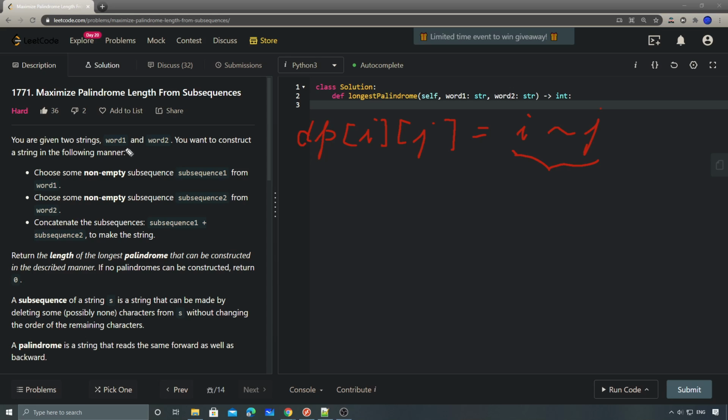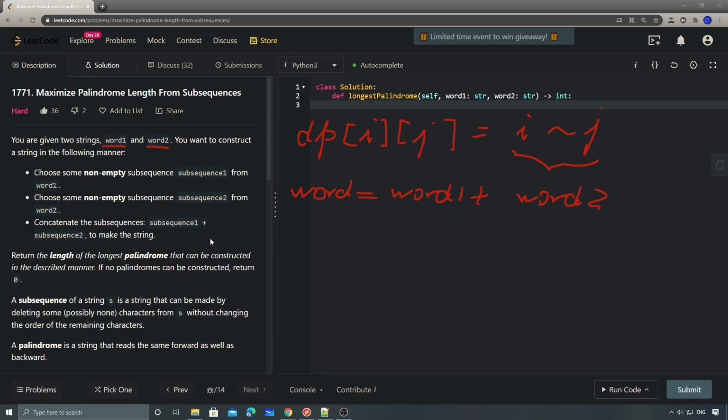So this gives us a hint to solve this problem. If we concatenate word 1 and word 2 together, so let's say we have a new word equal to word 1 plus word 2, then with the new word, we can use this DP technique to calculate the longest palindrome for all the possible start and end points.